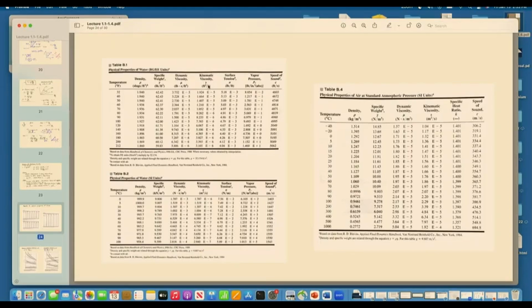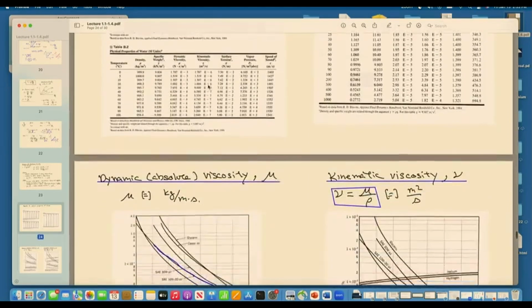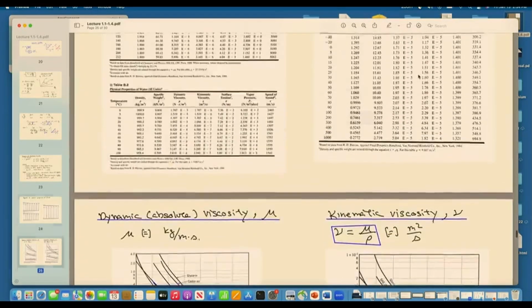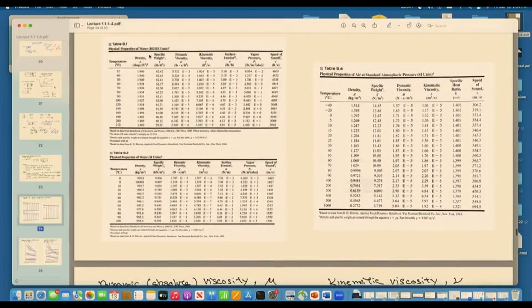The dynamic viscosity, sometimes also referred to as absolute viscosity, is indicated by mu. Kinematic viscosity, indicated by the Greek letter nu, is mu divided by density. You can work out the units: it's meters squared per second.